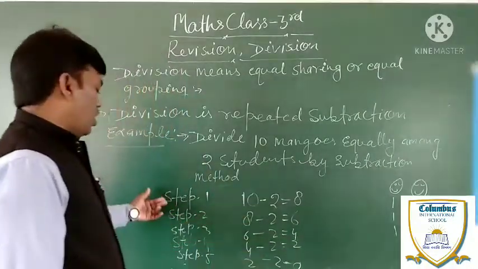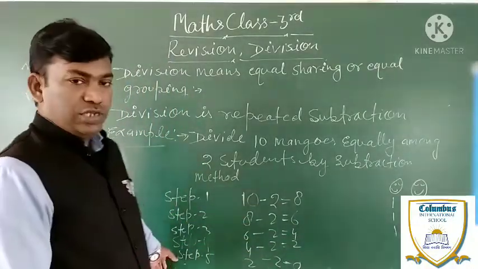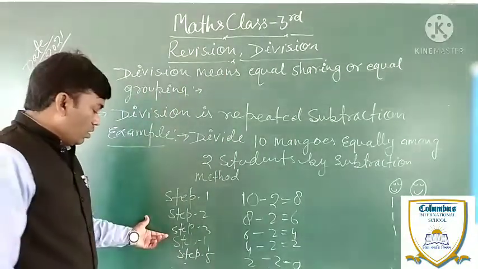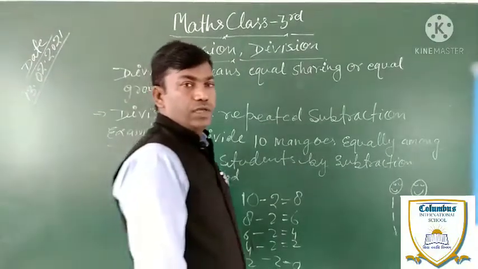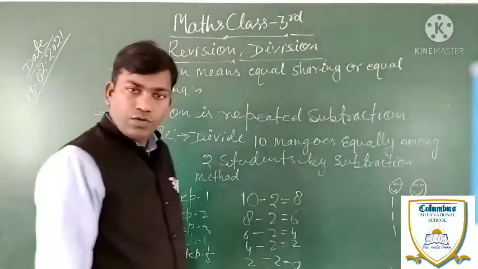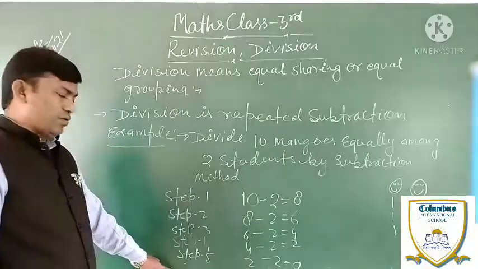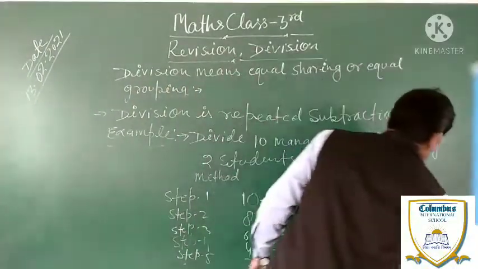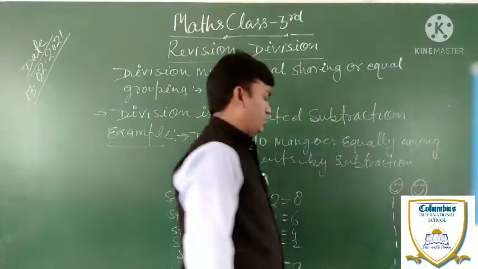It means how many steps have we got? 5 steps. Then what will be our division answer? It means 5. Each student will get 5 mangoes. Okay, students? Have you understood? 5 mangoes.